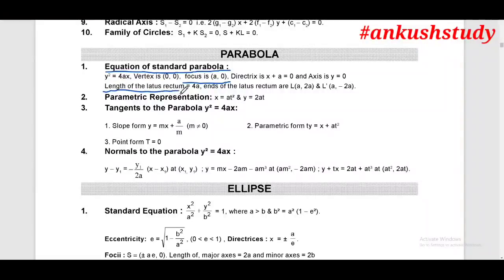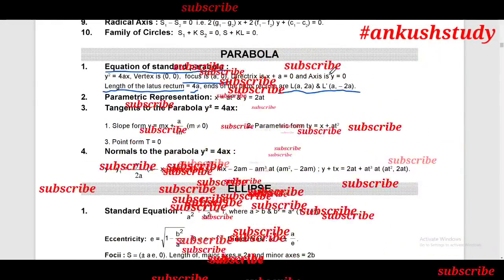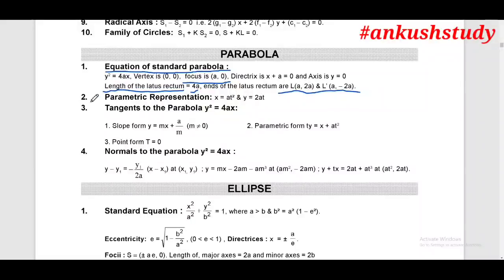Length of the latus rectum is 4a. Ends of the latus rectum are L(a, 2a) and L'(a, −2a).